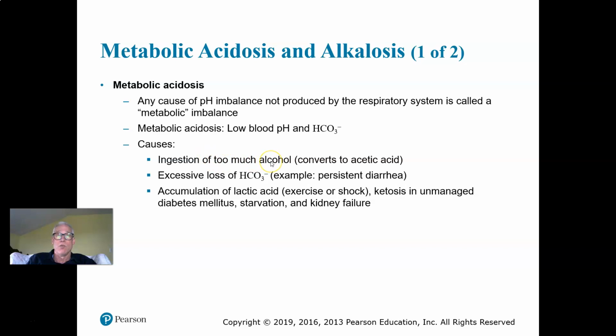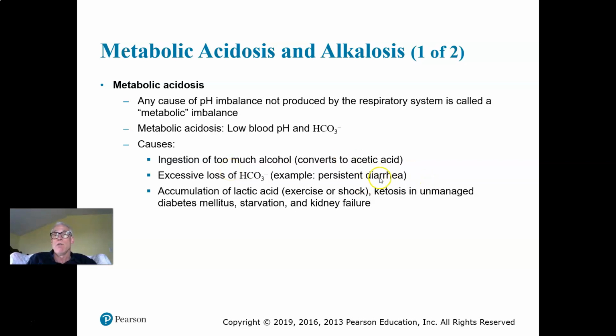What if we consume too much alcohol? There'll be potentially a small acidosis produced by acetic acid produced by metabolism of that ethanol in the liver. If we lose bicarbonate from the body, losing a base is like gaining an acid effectively.